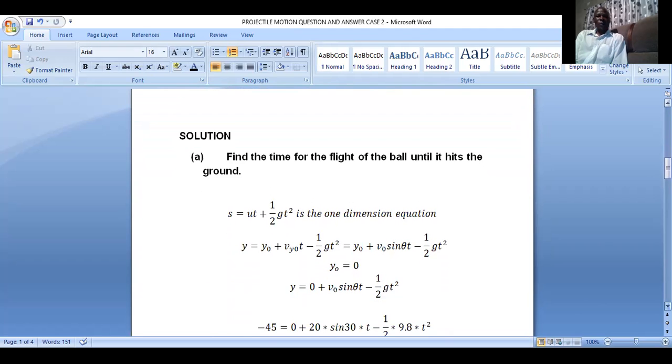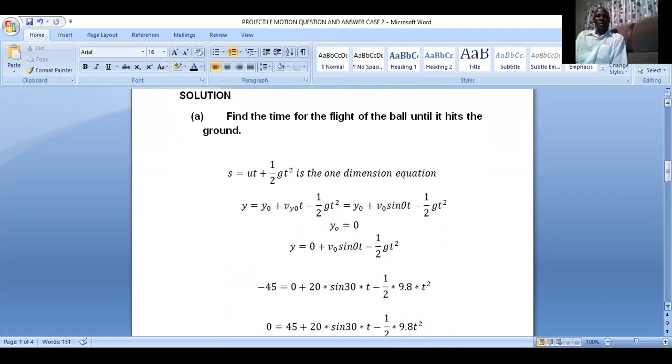Part A, we find the time of flight of the ball until it hits the ground. You are very much aware of this equation, which is a one-dimensional equation used at high school level, where we say displacement is equal to initial velocity times time plus half times acceleration due to gravity g, times t squared, which is time squared.